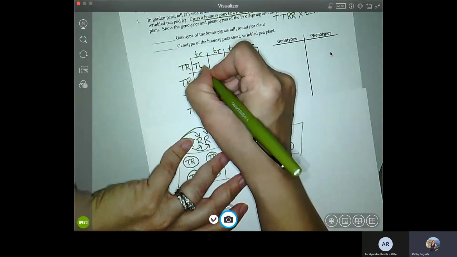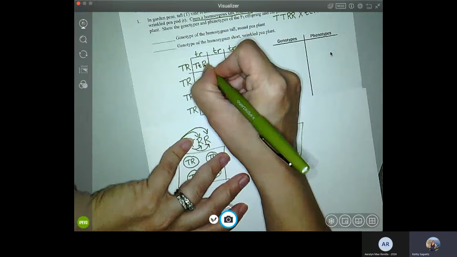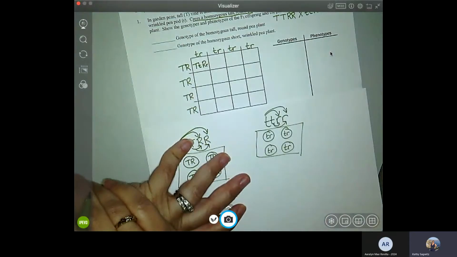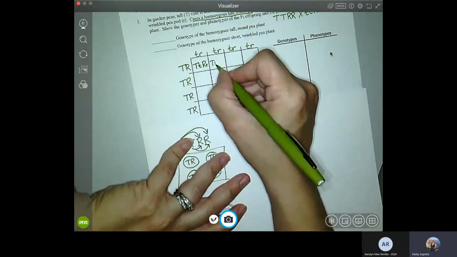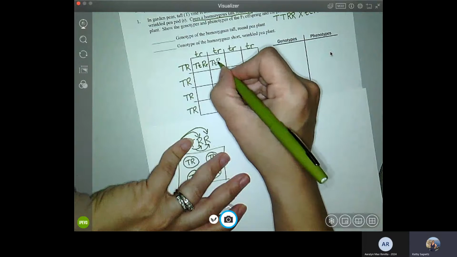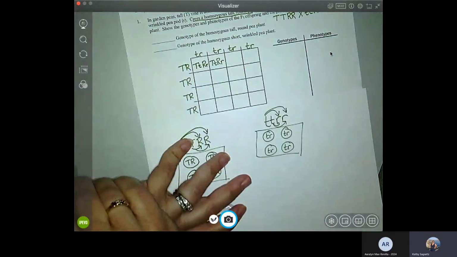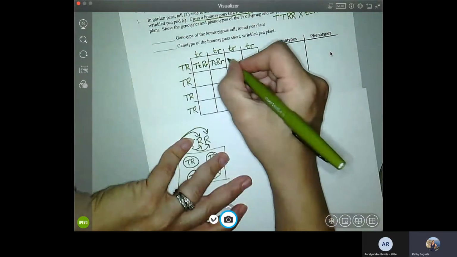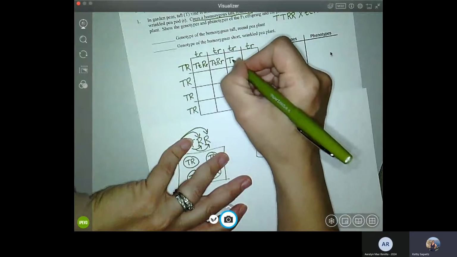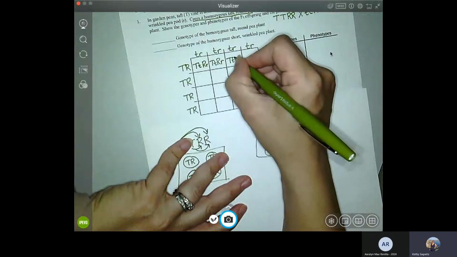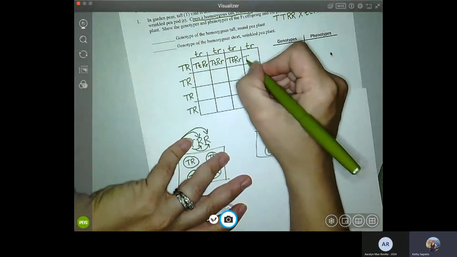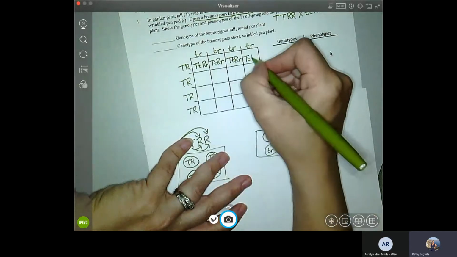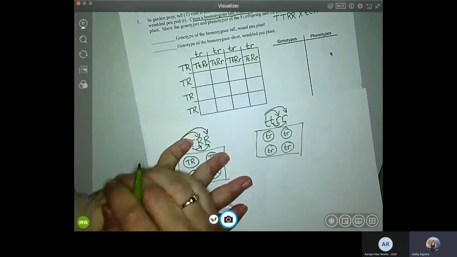So it's big T, little t, big R, little r. Bring the big T over, little t down, big R over, little r over. Big T, little t, big R, little r.